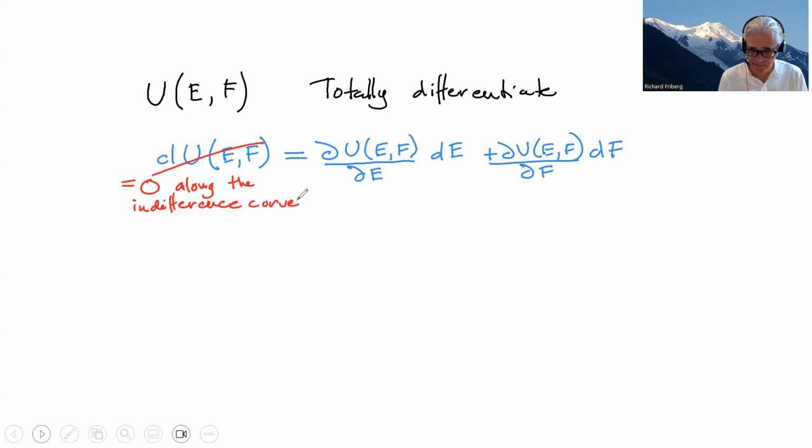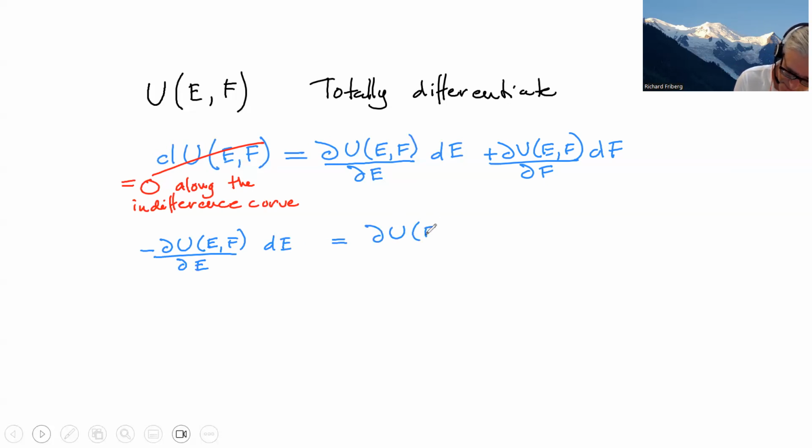So we can use this expression and move this term over to the left-hand side, which gives us minus dU_E dE equals dU_F dF.